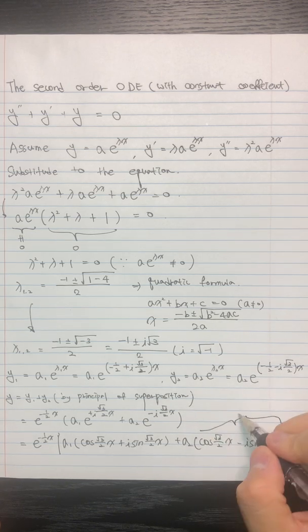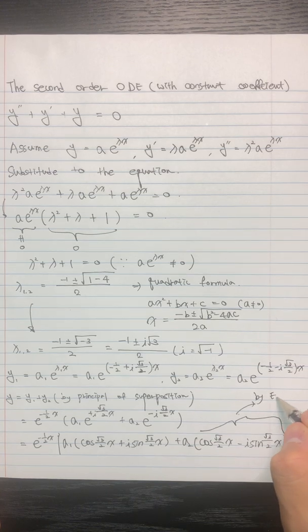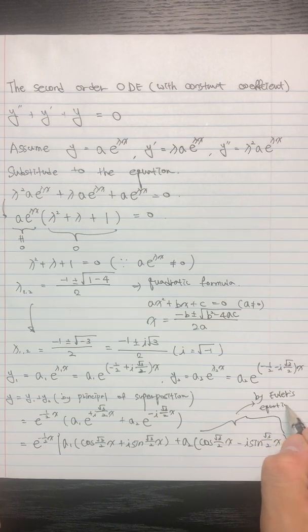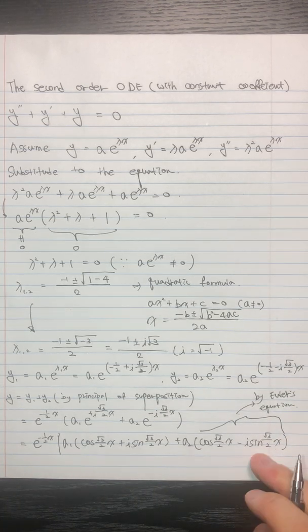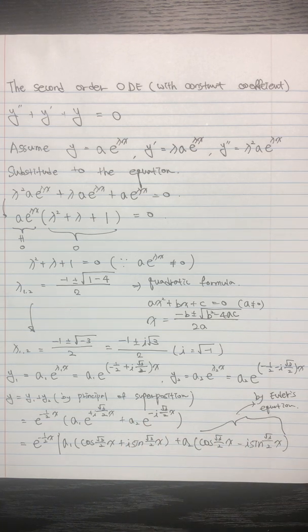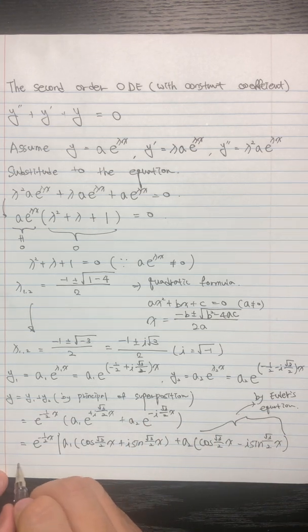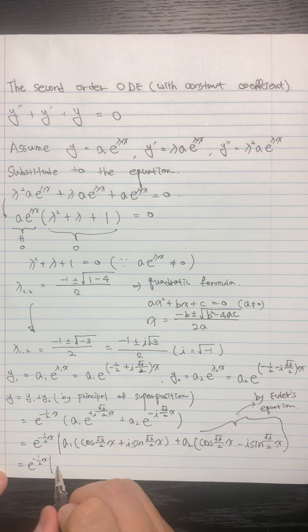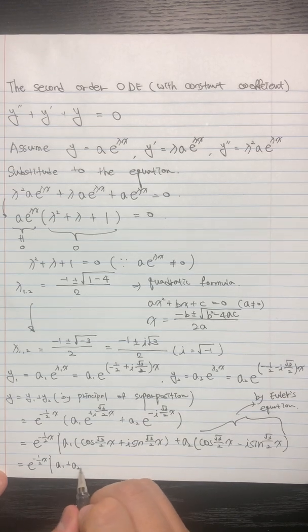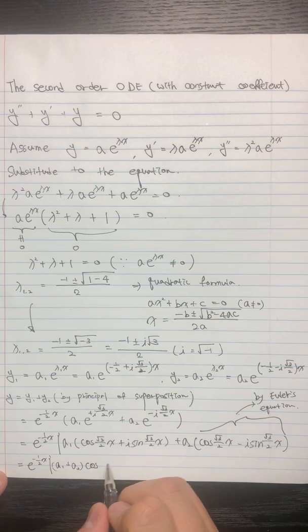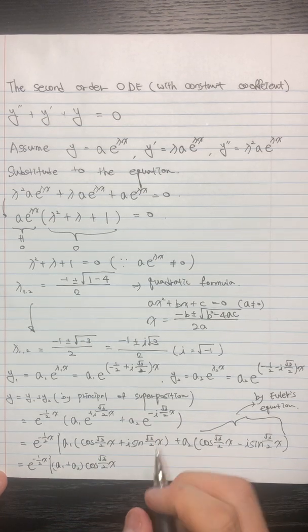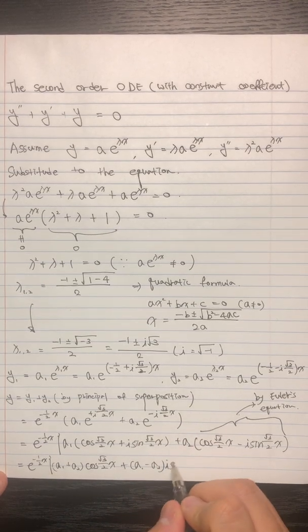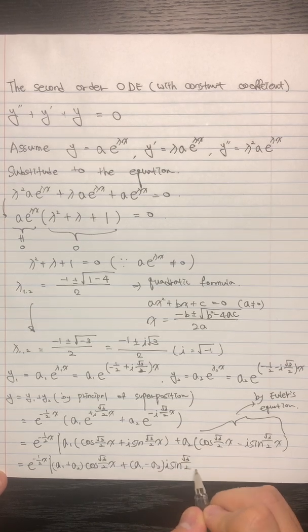How can I find this kind of answer? By Euler's equation, right? We can use Euler's equation. We can rewrite this more simply like this: a1 plus a2 times cosine of square root of 3 over 2 x, right? And then a1 minus a2 times i sine of square root of 3 over 2 x.